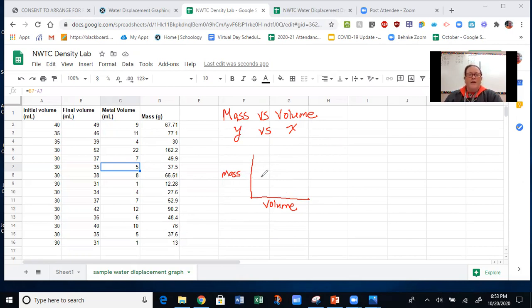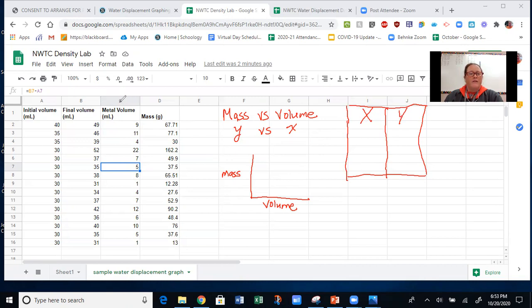When we want to make a graph or a chart, and there are two columns of data like this, the first column is always going to represent the x-axis, and the second column, the one to the right of that, is always going to represent the y-axis.